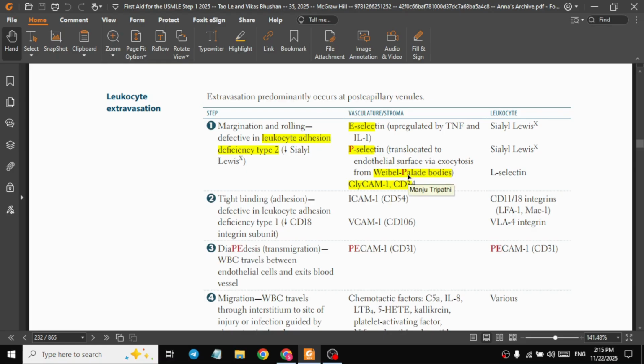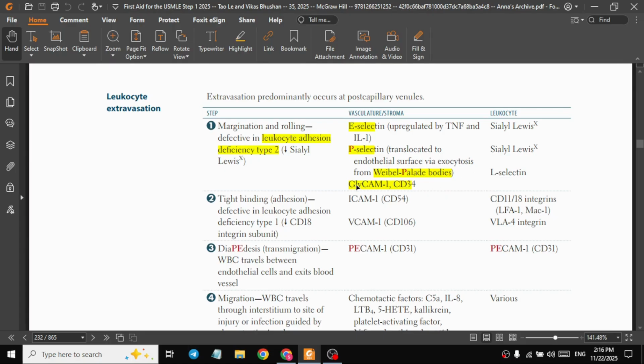Remember how if there is endothelial damage there's von Willebrand factor? That's where these guys are too. So P-selectins are stored in these bodies and they're excreted. That's the difference between E and P-selectins.